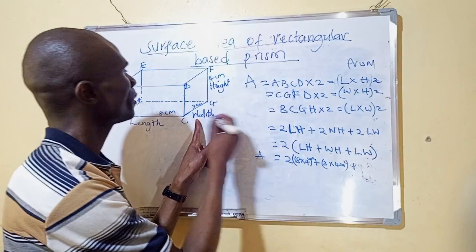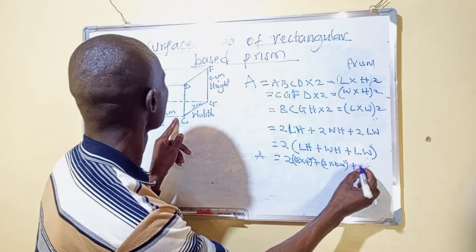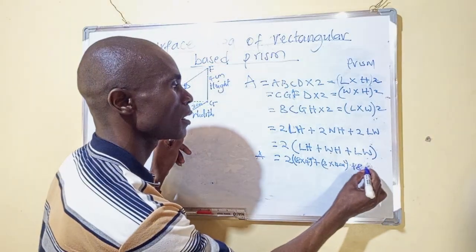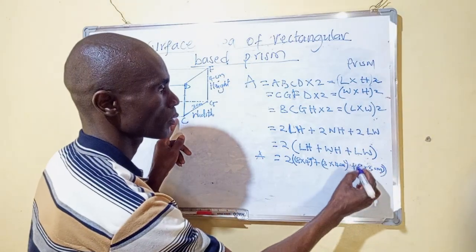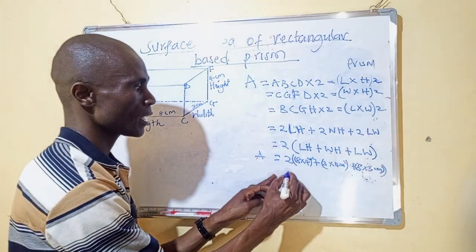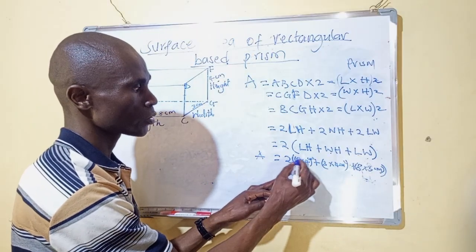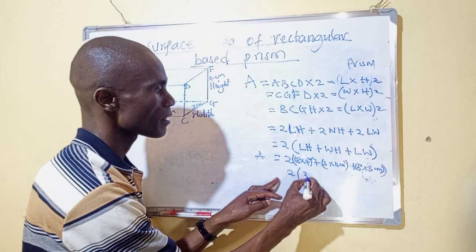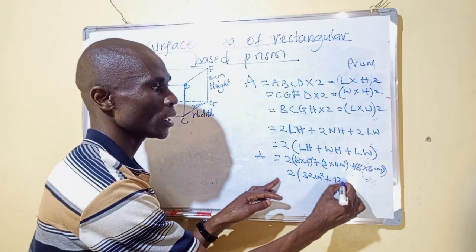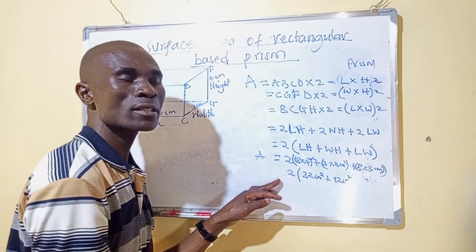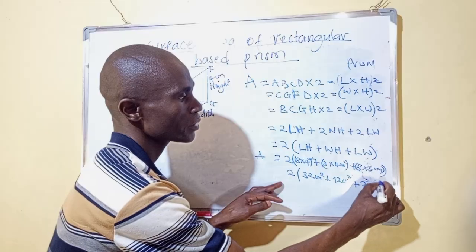Plus width times height, so 3 multiplied by 4 centimeters. Plus length multiplied by width, that is 8 by 3 centimeters. So we have 8 multiplied by 4, which is 32 square centimeters, plus 12 square centimeters, plus 24 square centimeters.